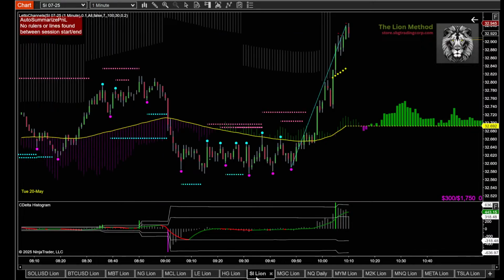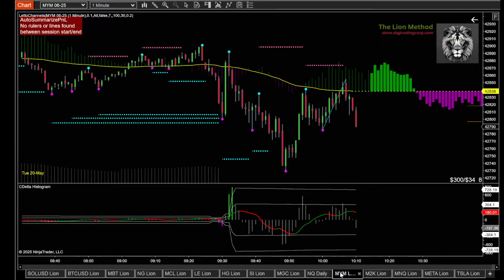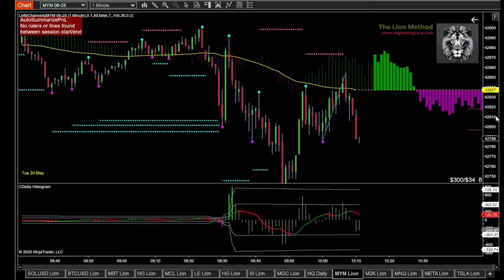First silver and gold. This is the Dow. Interested in a trend trade downward. All right, let's do that. We're going to do 8 contracts.